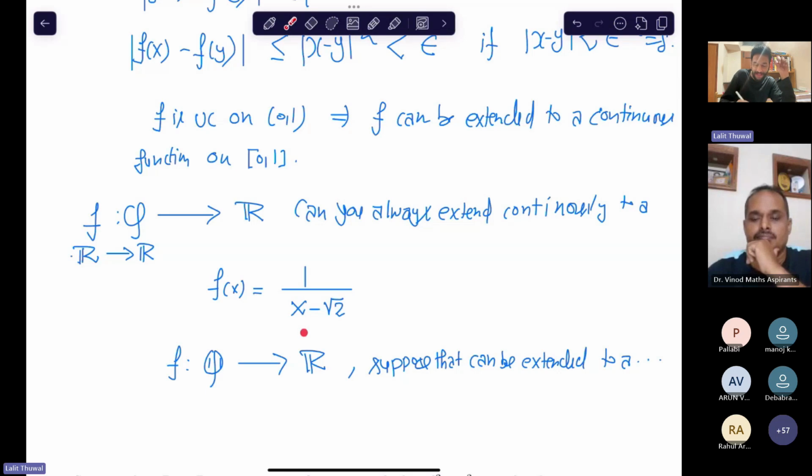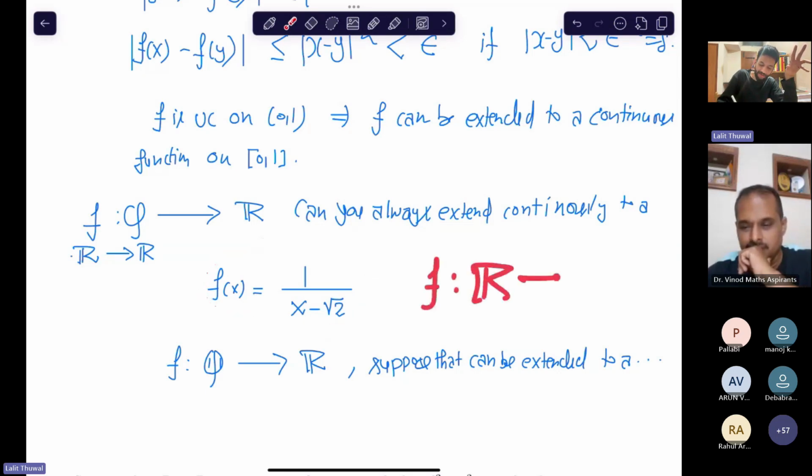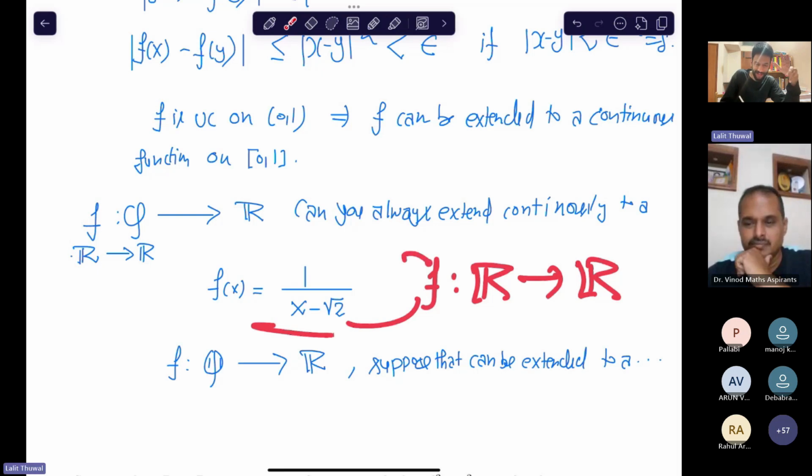Just take the irrational number. Suppose you have extended, suppose you have a continuous function from R to R which extends this function continuously. It will agree on Q with this function. Let me denote the extension by F again.